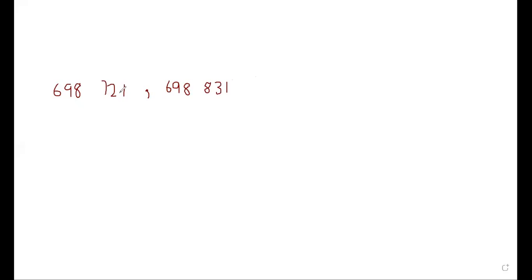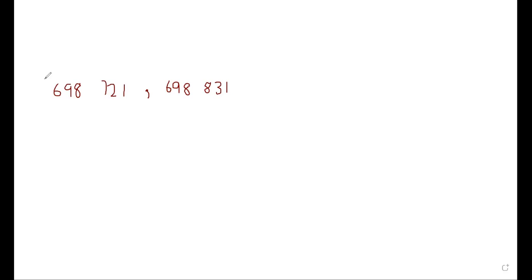They give us two values, and now we have to do comparison. How will we do comparison between two values? Now we are going to follow these rules to compare each other and then find which one is greater and which one is smaller.